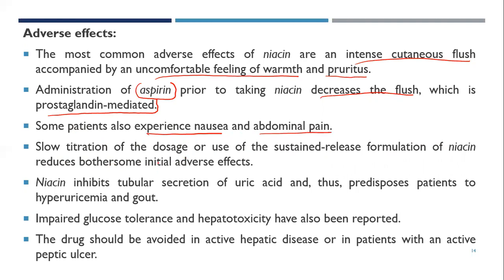Slow titration means what? Slowly we have to go on increasing the dose. So it is not that if we have to give 10 milligrams as the final dose, we will start with 2 milligrams first. Then gradually we will increase by 1 milligram: 3 milligrams, 4 milligrams, 5 milligrams.